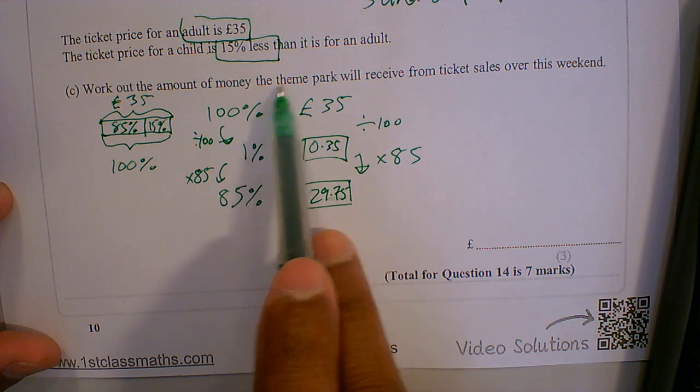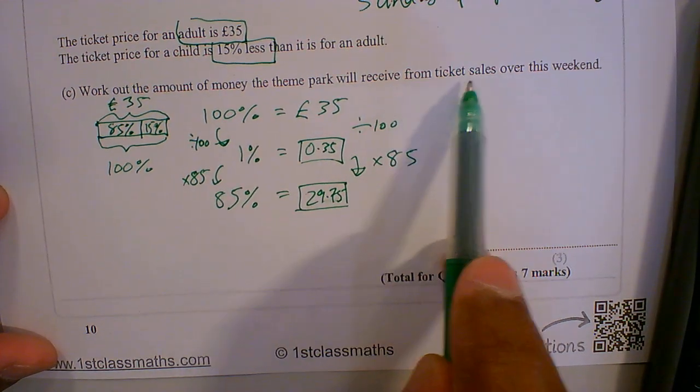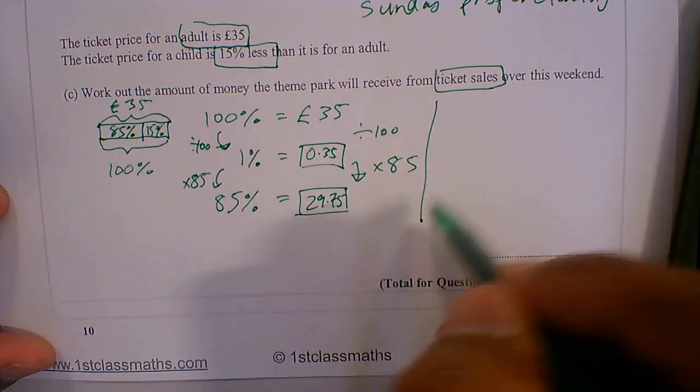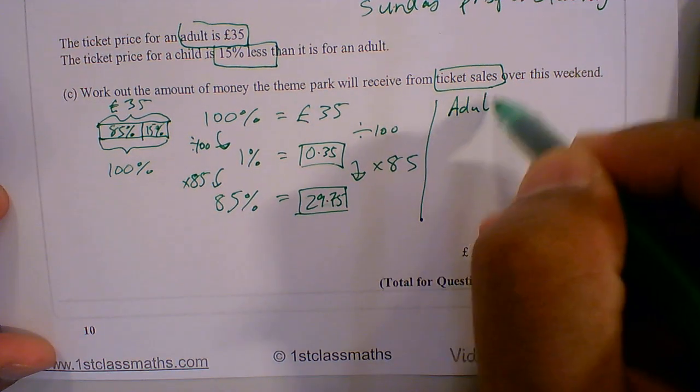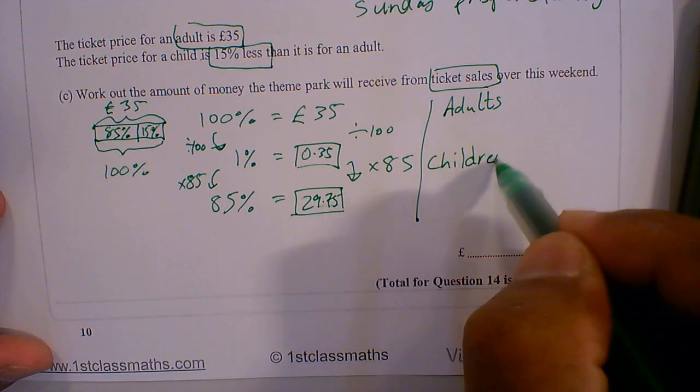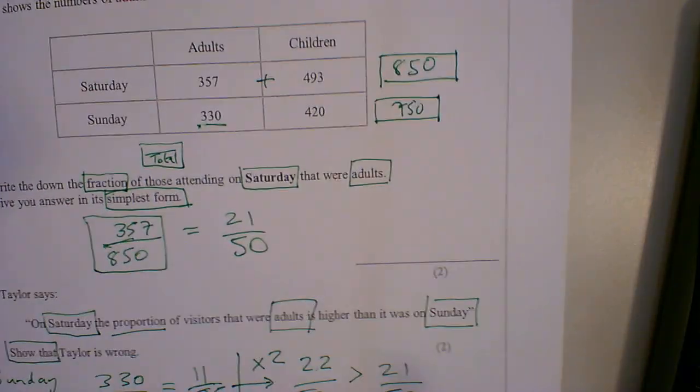Work out the amount of money the theme park will receive from ticket sales over this weekend. So I now need to find out how many adults there are and how many children there are. So I go back to my table.